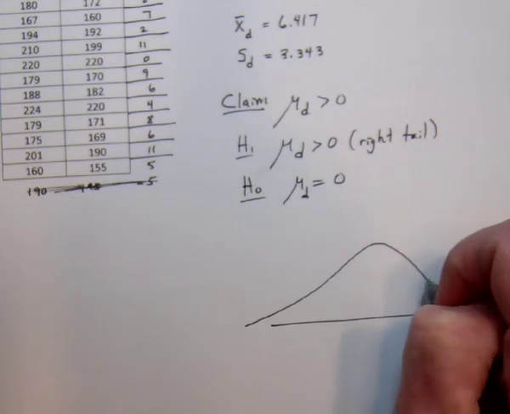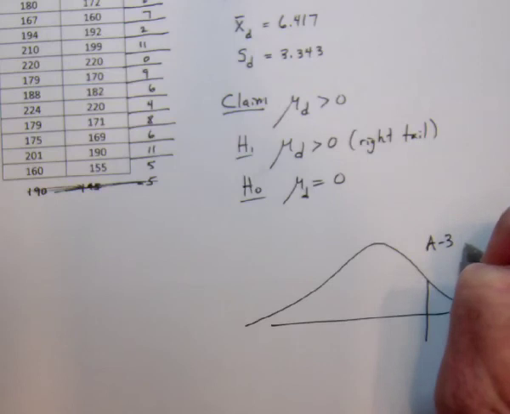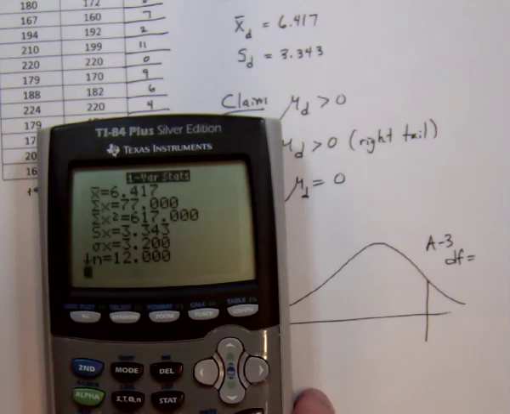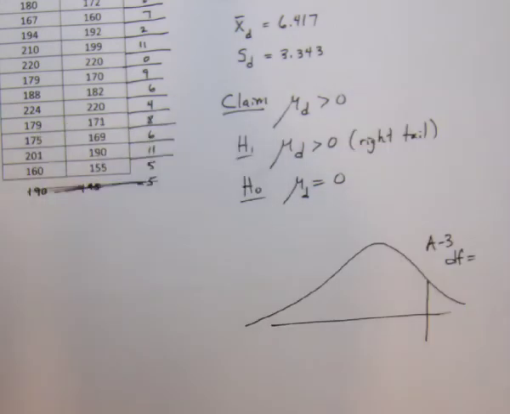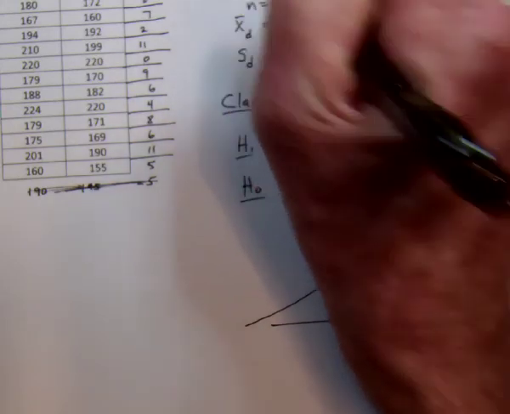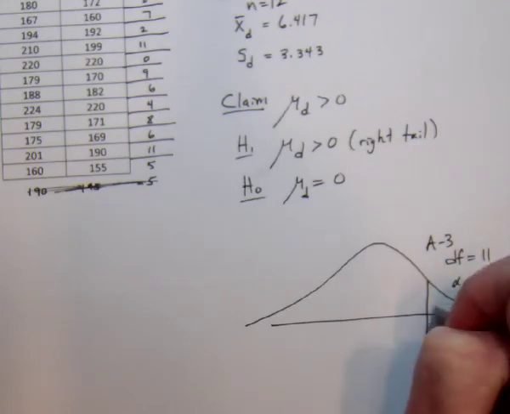It's going to be right-tailed. T means table A3, which means we need degrees of freedom. So the one thing I didn't write down is what was the sample size. Sample size was 12. So that means degrees of freedom is 11, and then use alpha equal to 0.05.